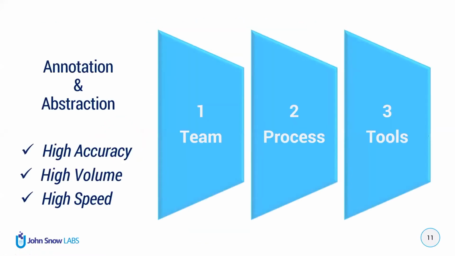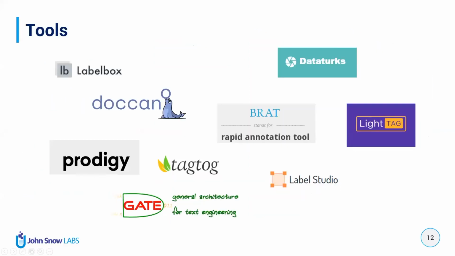Okay, so we have the team, the process. Now what we need is a tool that will allow the annotators to quickly go through the corpus of documents and create the annotations, and eliminate as much as possible the human error and try to ensure consistency. So there is a long list of tools which is currently available on the market.